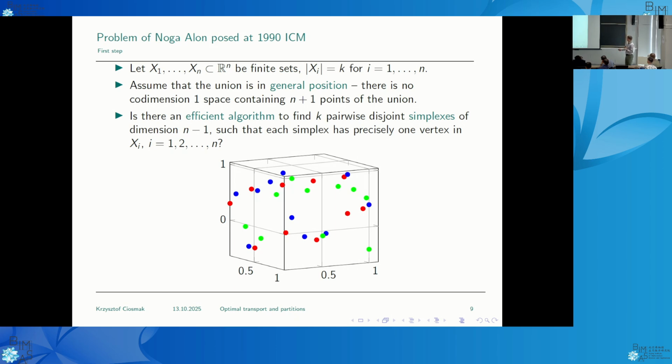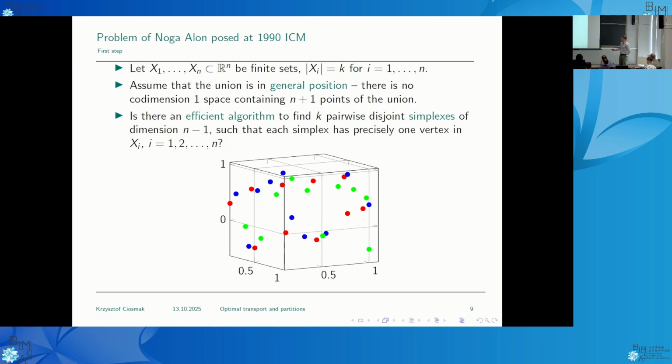We would like to find these simplices such that each simplex has precisely one vertex in each of the X_i's. Here we are looking for triangles, and we would like each triangle to have one vertex red, one vertex blue, and one vertex green. And we also want these triangles to be pairwise disjoint.